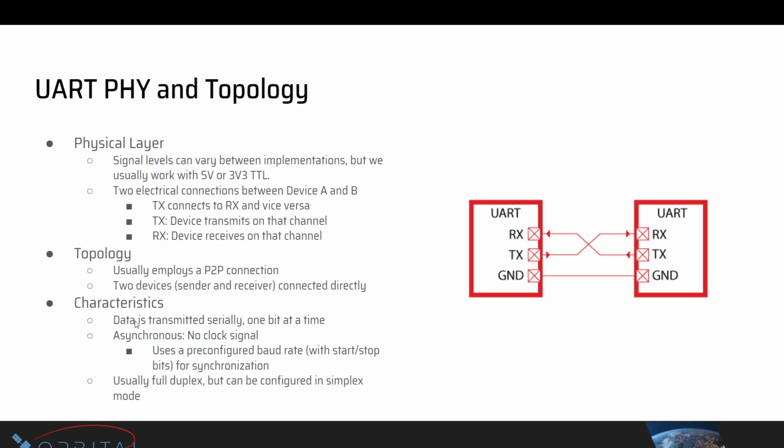So some of these characteristics: the data is transmitted serially, so one bit at a time will be sent over the TX bus, and it's asynchronous, so there's no clock signal. So you're going to have to pre-configure a baud rate with start and stop bits, which we'll talk about in a second, for synchronization.